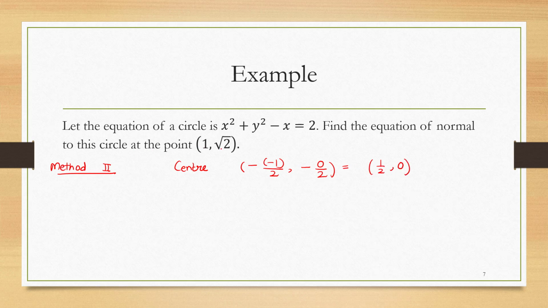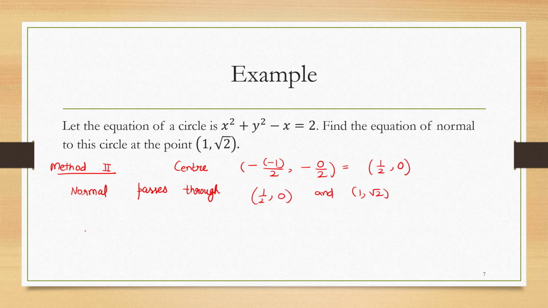And the point is 1, square root 2. And we know that normal passes through center and this point 1, square root 2.